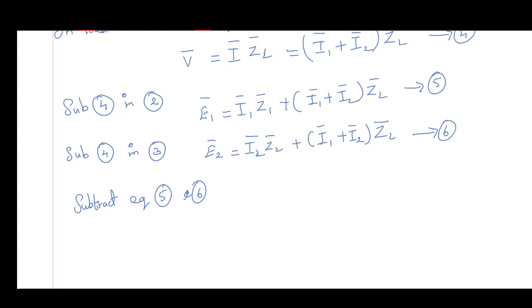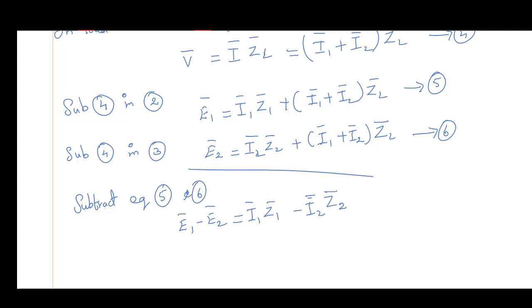Okay, so when you subtract this, you will get E1 vector minus E2 vector is equal to, this will be cancelled, so I1 vector Z1 vector minus I2 vector Z2 vector. Okay, so you will get this equation.